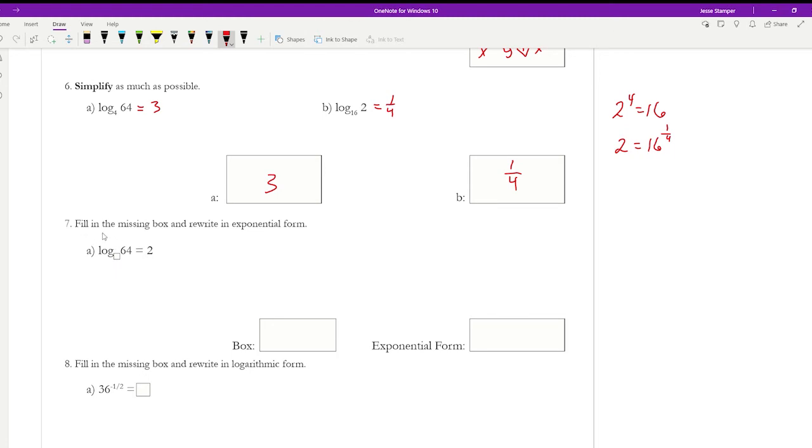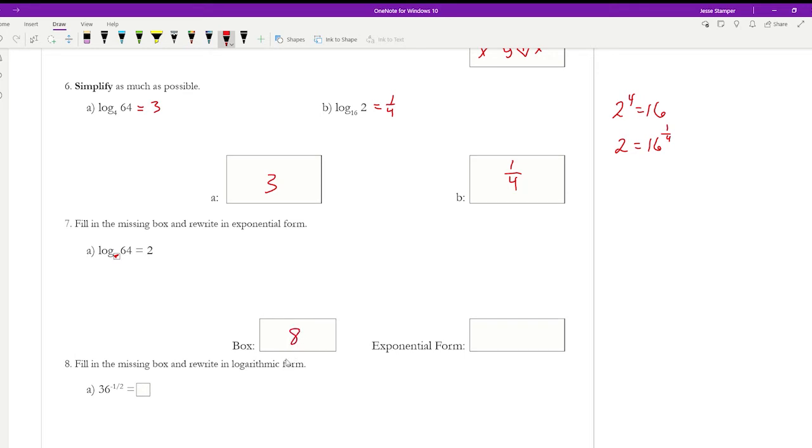Now, number 7a, I wanted you to fill in the missing box and rewrite it in exponential form. Well, this statement is saying that there is something raised to the 2nd power that equals 64. Well, if you look down your perfect squares list, you'll find 64 is 8 squared.